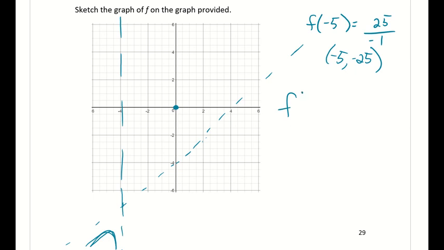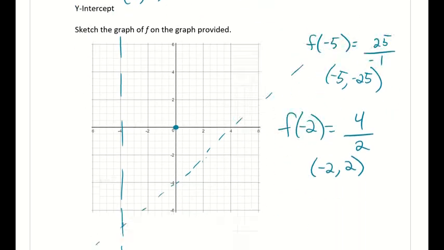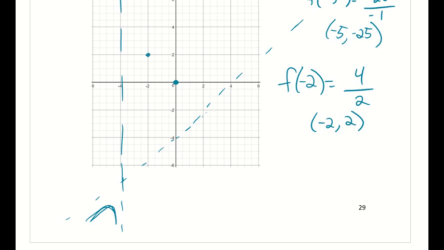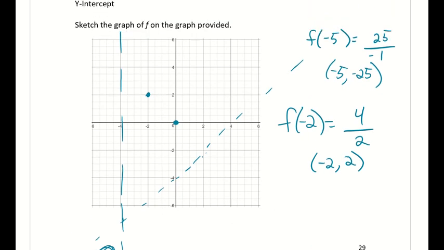So what I want to do is substitute in -2, to see if we can help us sketch this a little better. So we have -2 squared is 4, -2 plus 4 is 2. So we have this point, (-2, 2). So we know at least it's going to be kind of close to the asymptote, intersect here.